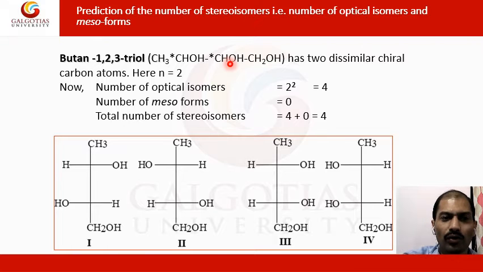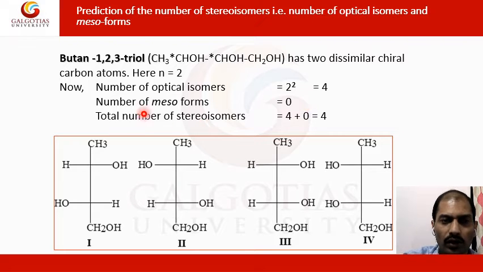So now here the chiral carbons, so n will be 2 dissimilar chiral carbons. The number of optical isomers is very easy to calculate in such a molecule. It will be 2 raised to the power n, so 2^n equals 4 here, and the number of mesoforms will obviously, as per the previous discussion, come as 0.